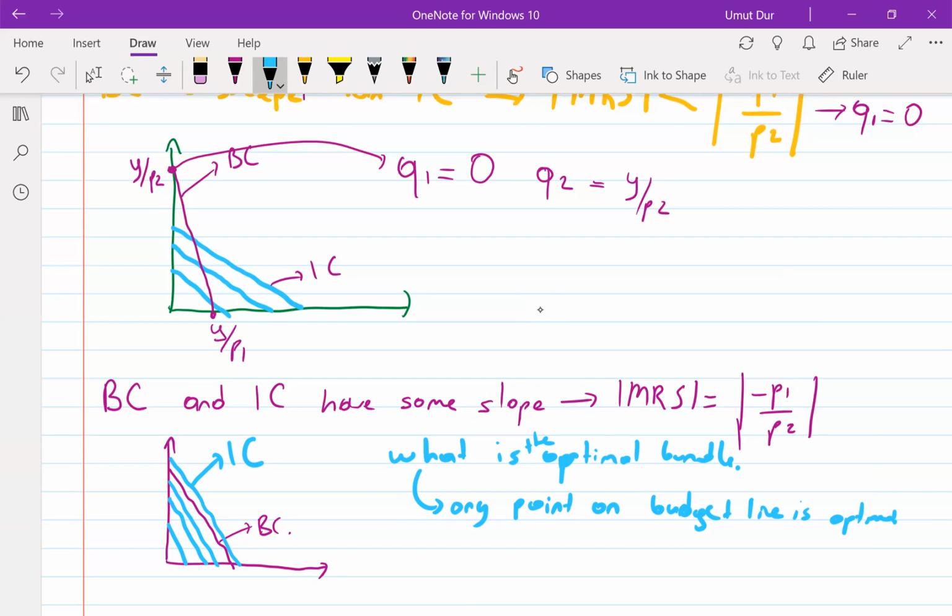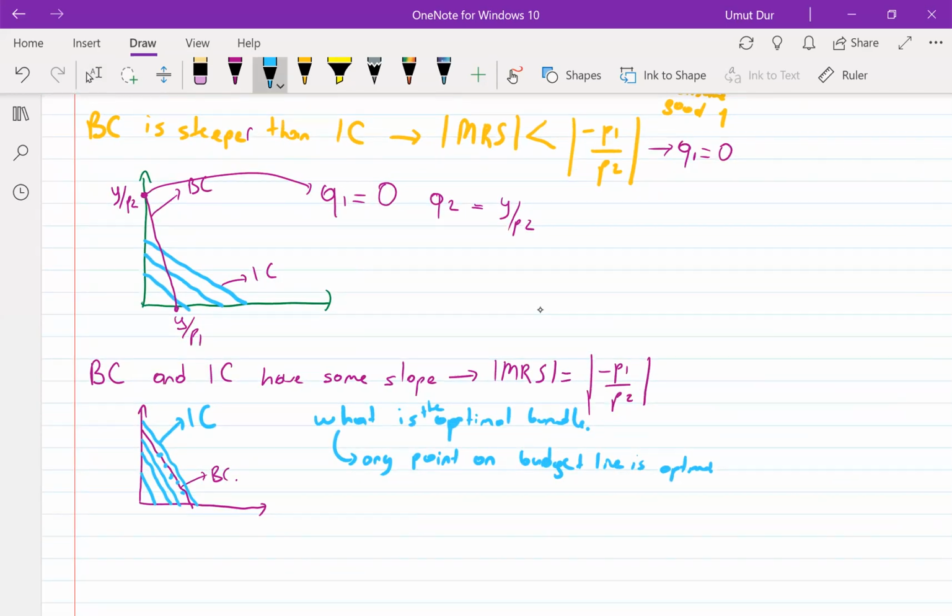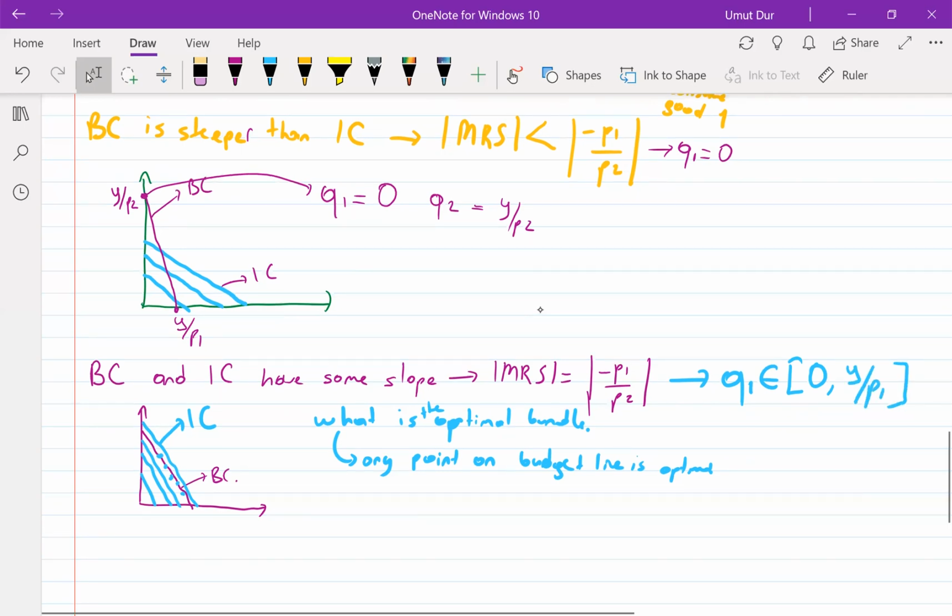Any point on this budget constraint will be my optimal bundle. So in this case, my demand for Q1 can be anything between 0 and the maximum amount of good one that I can consume. It is anything.